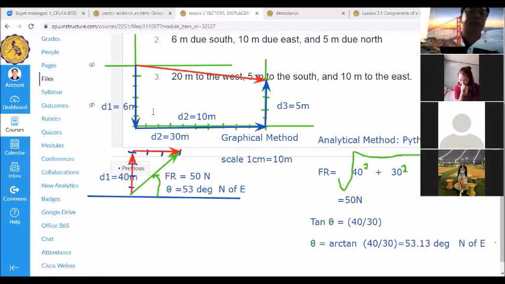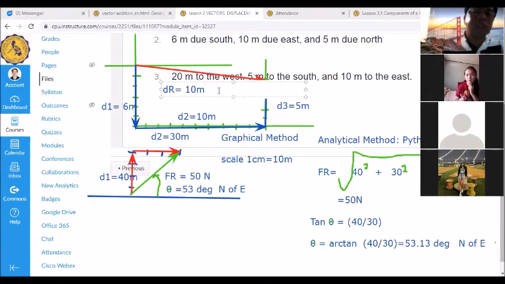So our DR is 10 segments, so that makes it also around 10 meters. That's roughly 10 meters. There's actually a small point there, but that's a very, very small value, so you may not literally see it in your ruler.